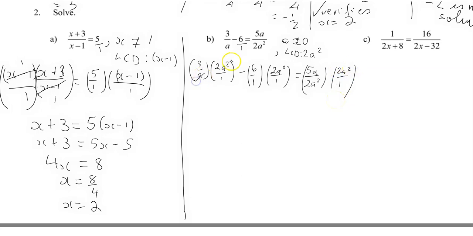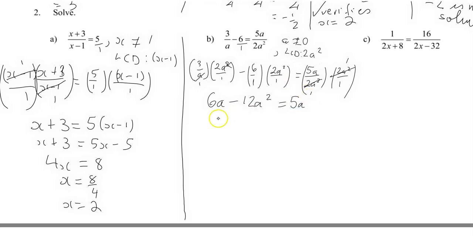Okay, so this a takes out the squared. Okay, we're just going to have, and that becomes a 1. Got 1's here. The 2a squared takes out the 2a squared. So we have 3 times 2 times a, 6a, minus 12a squared equals, and that's all gone, equals 5a.